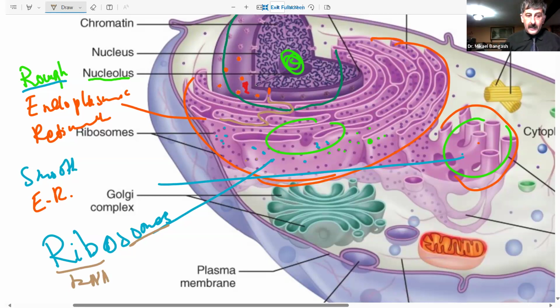But the RNA is not going to just be in these ribosomes forever and ever.